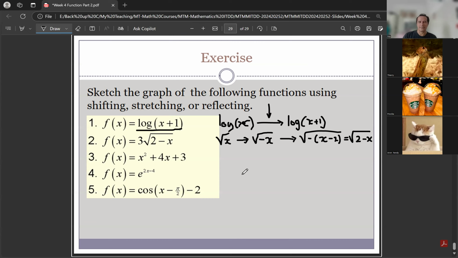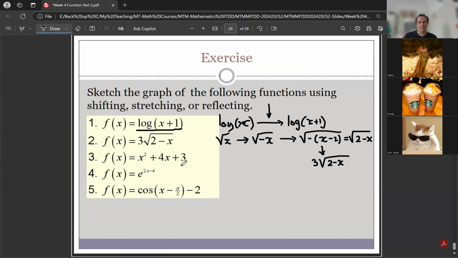And then after that, we stretch vertically by a factor of 3. 3 times the square root of 2 minus x. Yeah, so this is the step to get the curve of the second problem.